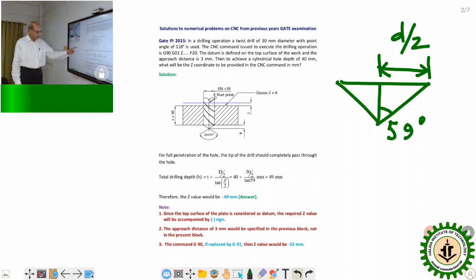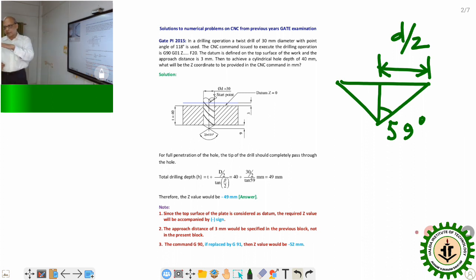Now, as regards this particular problem, as a matter of caution, I have incorporated 3 different points which you should remember. Since the top surface of the plate is considered as datum, the required Z value will be accompanied by a minus sign. Since this top surface, the datum, is considered as Z0 and the tool is moving down, that is, penetrating the job, in the absolute mode we will have Z minus 49.